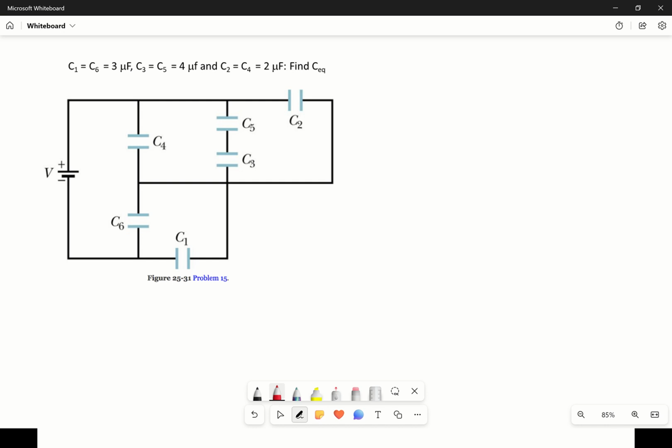So let's look for something that's obvious. So what's obvious about any of these things? Well, if I look, C3 and C5, those guys are in series, right? There's no place in between C3 and C5 where any current can flow anywhere else. So C3 and C5 are in series, and for capacitors in series, we add the inverses.